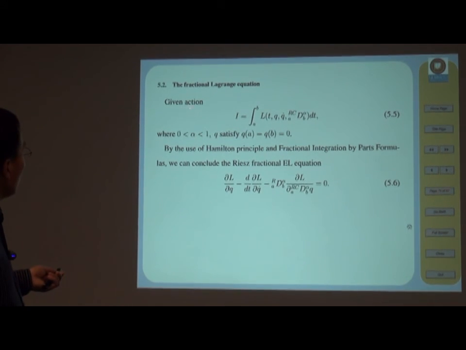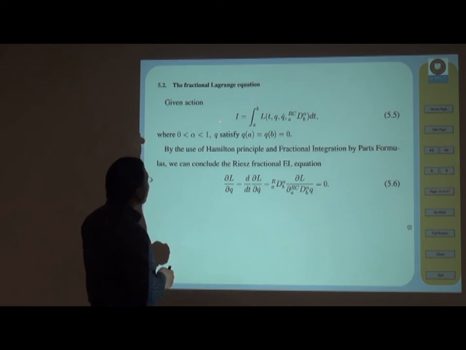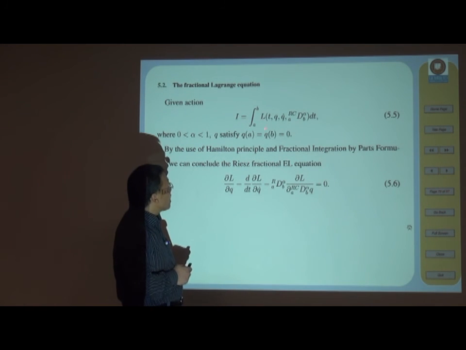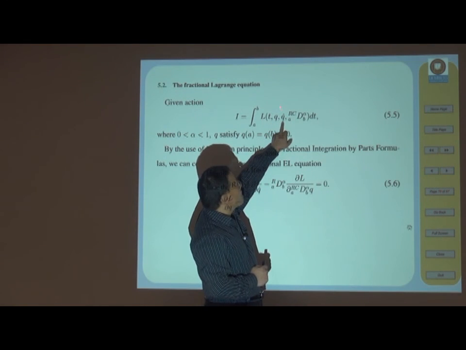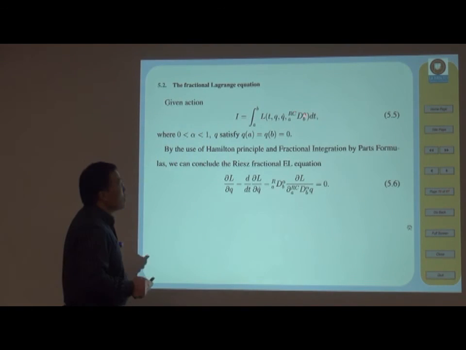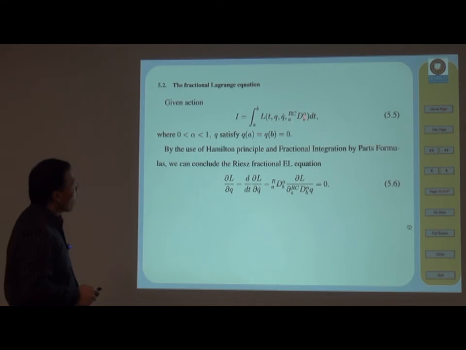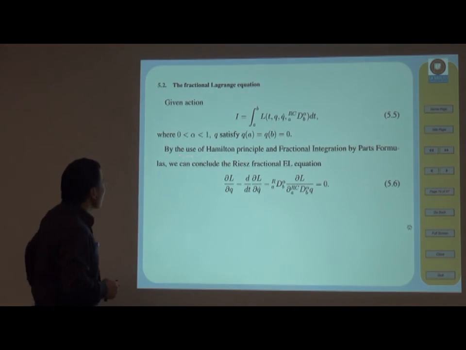And then we consider the fractional Lagrange equation. Given an action function, the functional I is defined as this, with q, its first derivative, and then the Riesz fractional derivative of q.